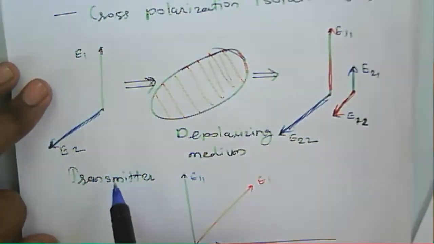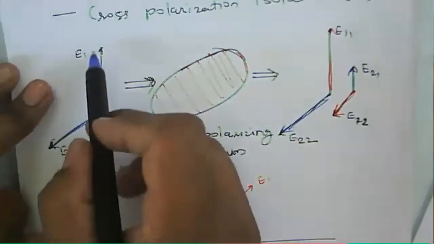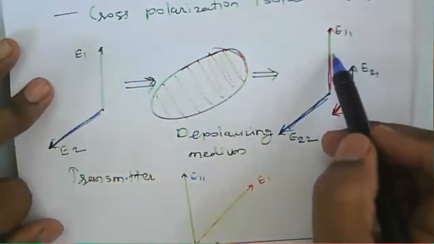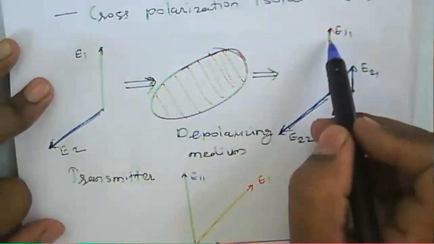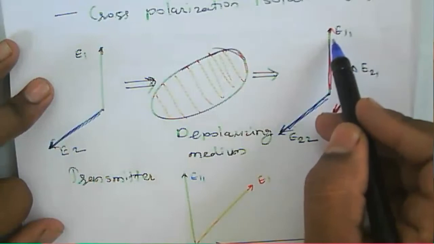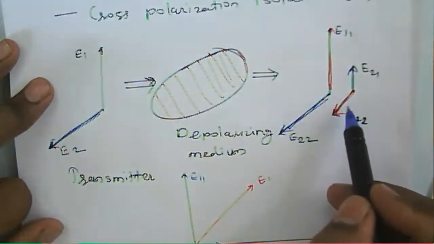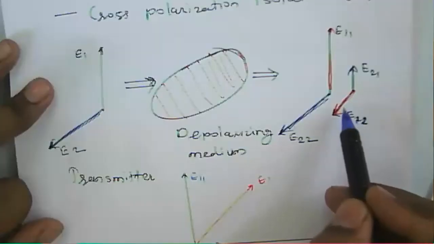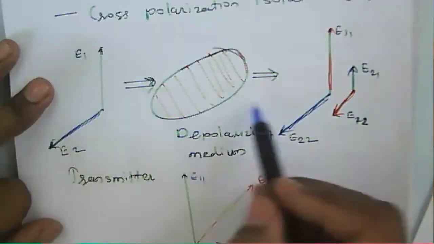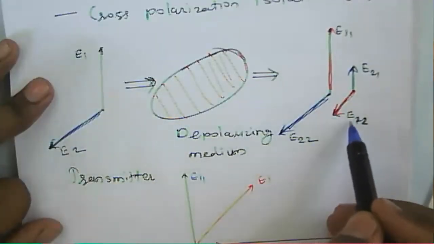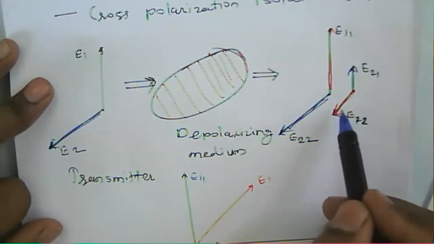Now for E11, the desired component is E11. Because of the depolarizing medium, another component will come, the cross polarized component E12. So this E12 component is the undesired component.